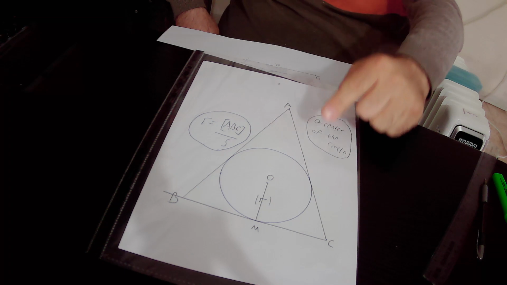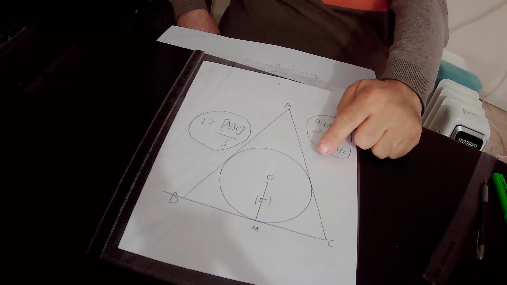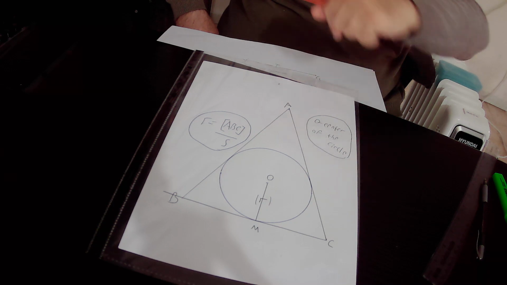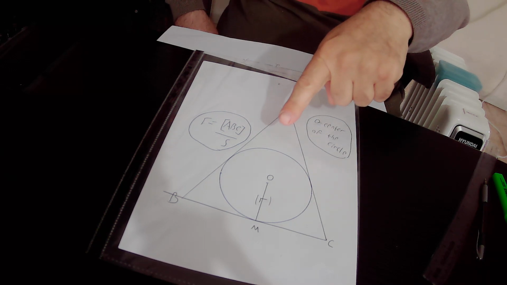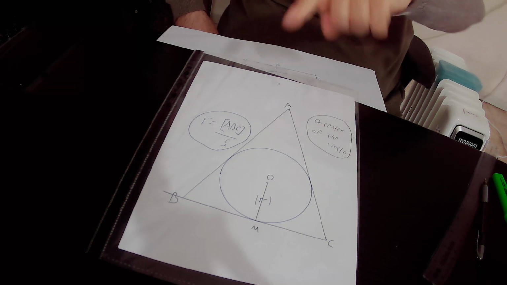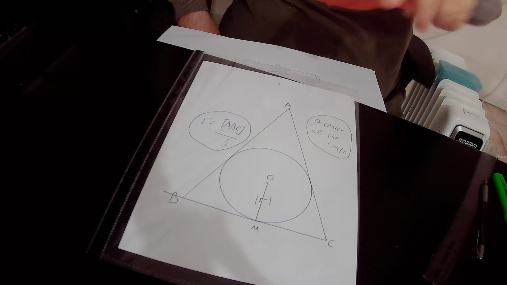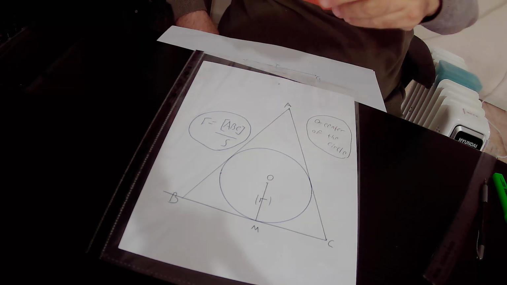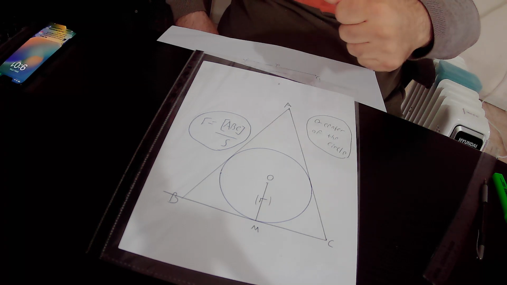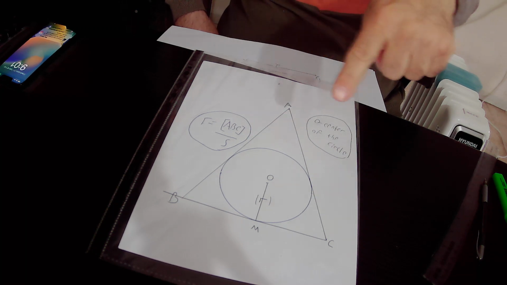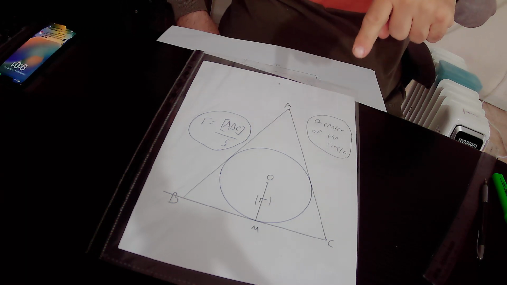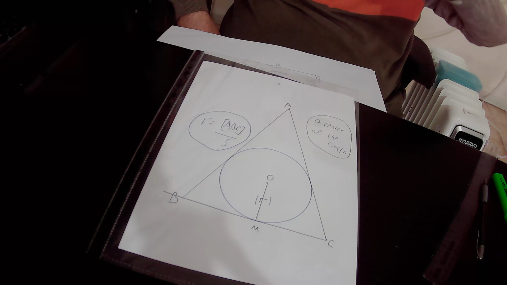So the radius of this circle that is inscribed by triangle ABC equals the area of triangle ABC over the semi-perimeter. And the semi-perimeter of triangle ABC that blocks the circle equals the perimeter of the triangle over 2. The perimeter over 2, that is to say it is AB plus BC plus AC, that is the perimeter, divided by 2.